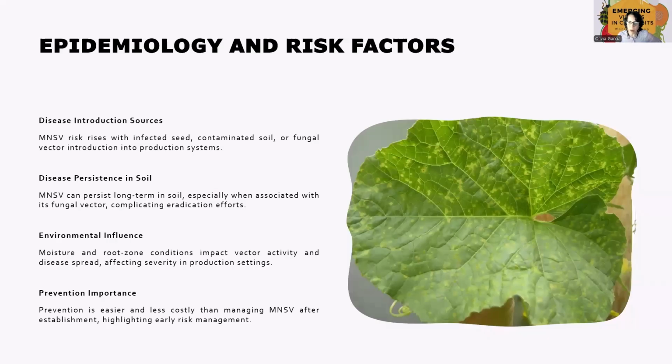Environmental conditions also matter. Moisture and root zone conditions can influence the vector activity and the disease spread. As I shared, cooler temperatures can increase symptom severity. So the expression and the impact of MNSV are not just about the virus itself, but also about the production environment.